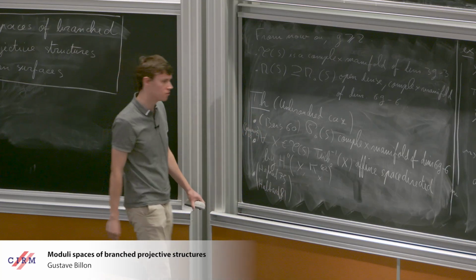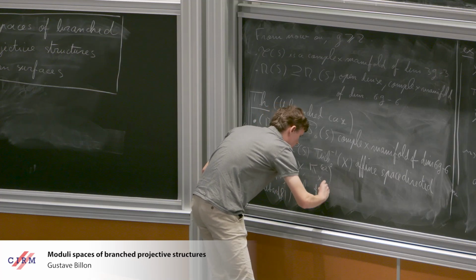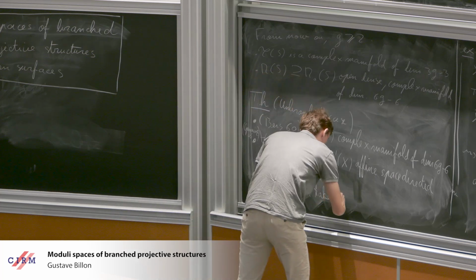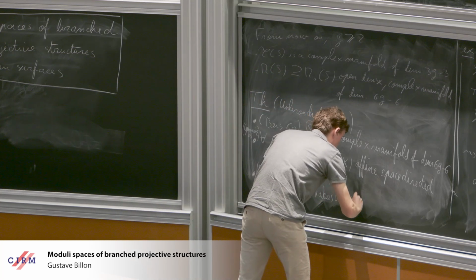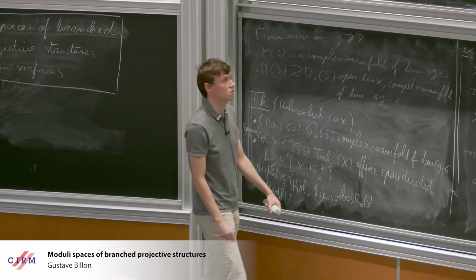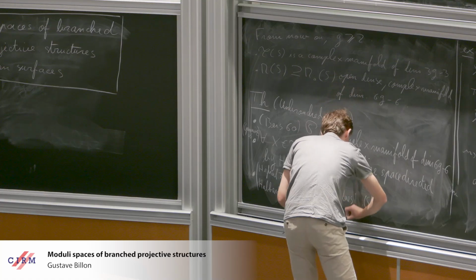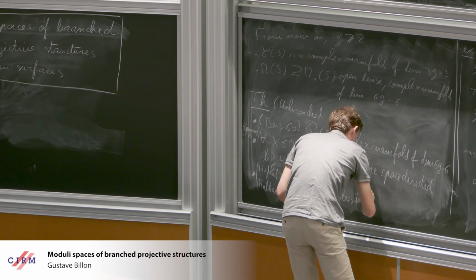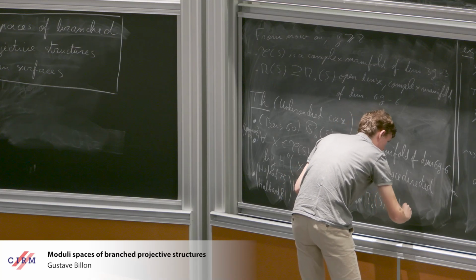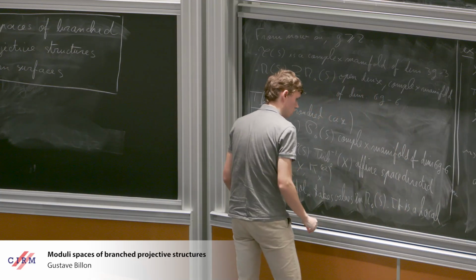The holonomy map hol_0 takes values in the nice open set R_0(S) in the complex manifold, and it is a local biholomorphism.